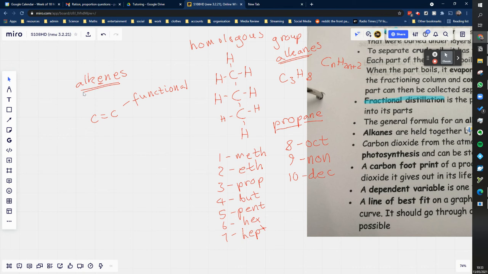You can have esters. There are a few more, but I can't think of them right now. Anyway, that's a functional group. The functional group is the thing that tells you which homologous family, or homologous group of molecules, it's from.